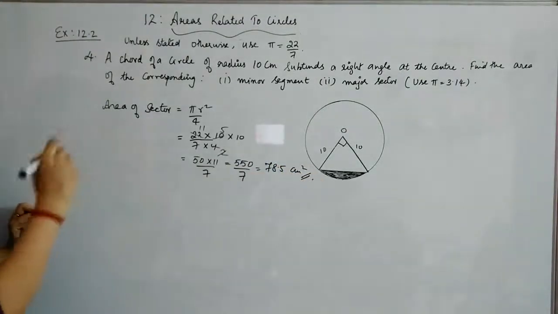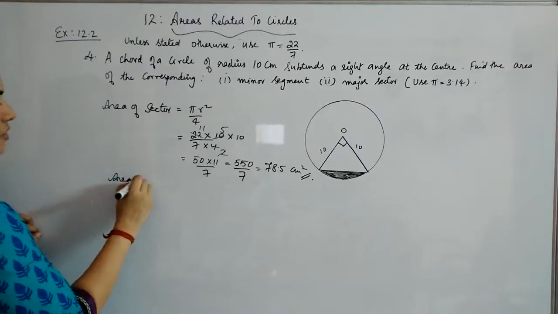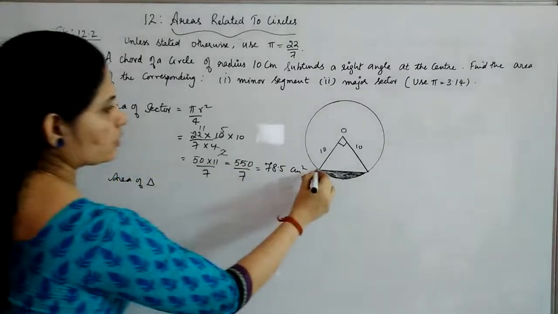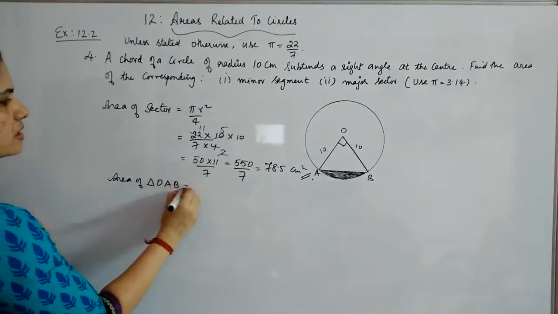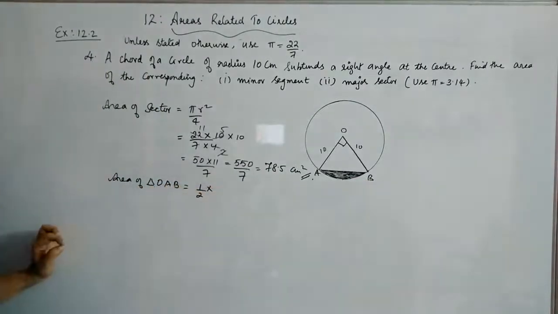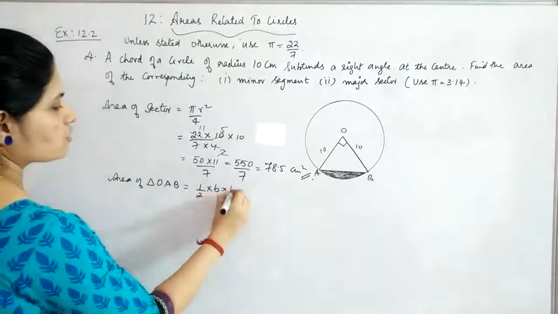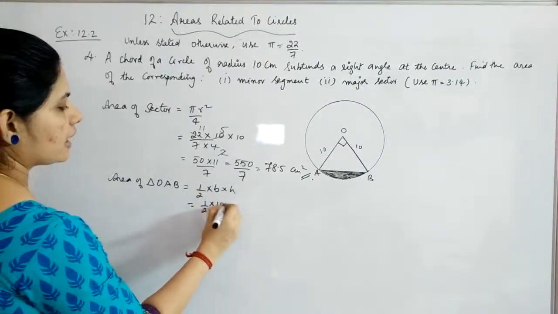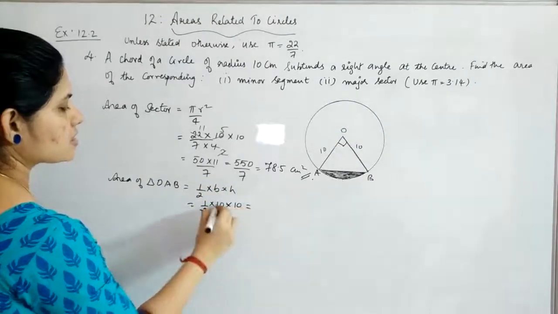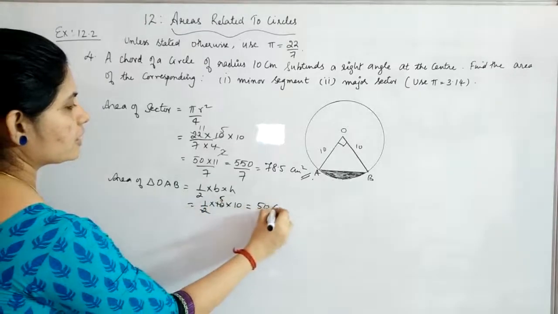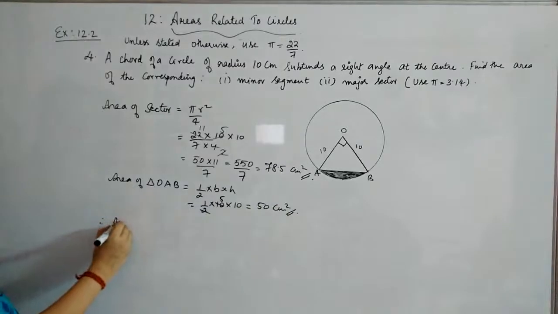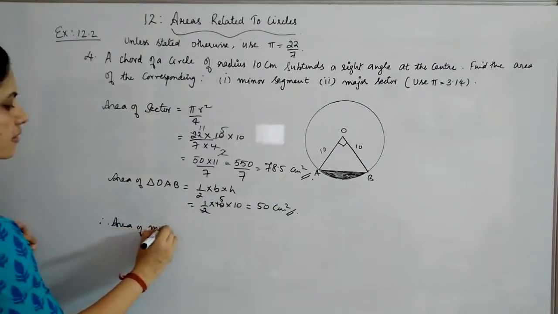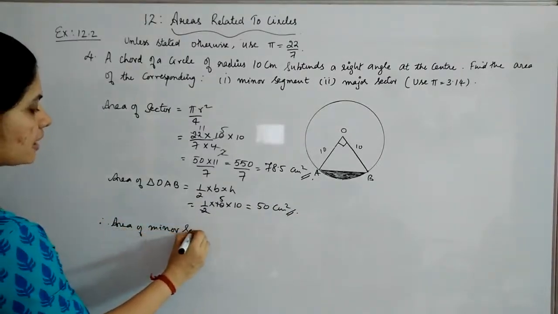Now we will find out the area of the triangle OAB. Triangle OAB is equal to, again, half into base into altitude. Half BH will give you half into 10 into 10, which is 50 centimeter square. Now you can find out the area of the minor segment.